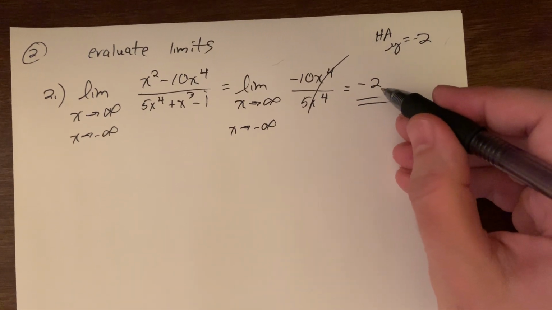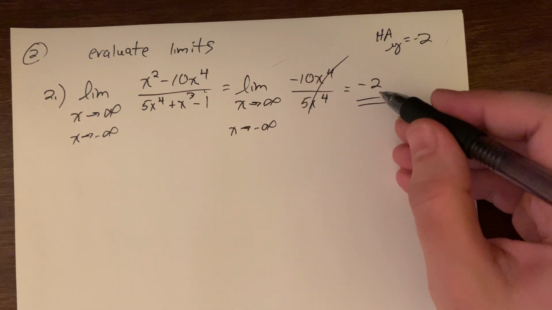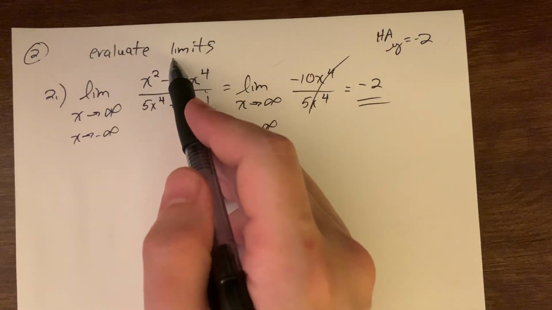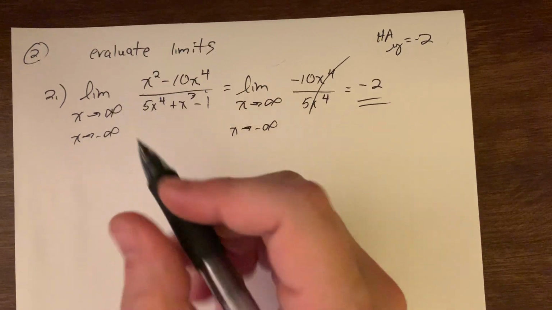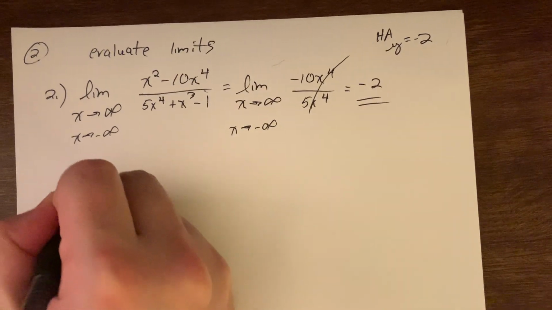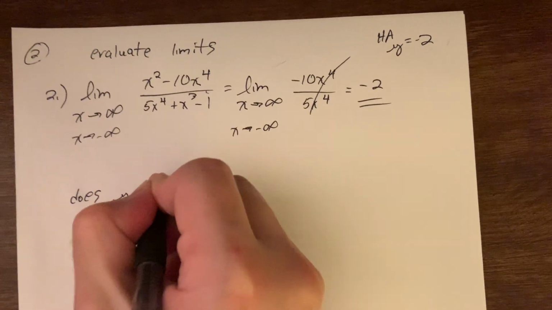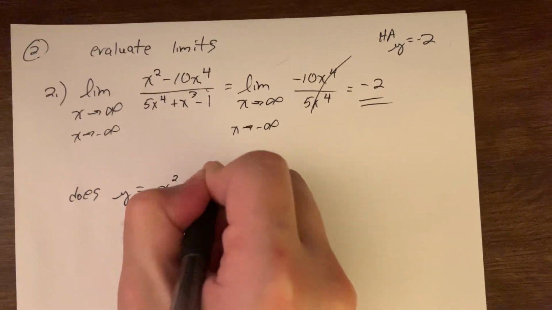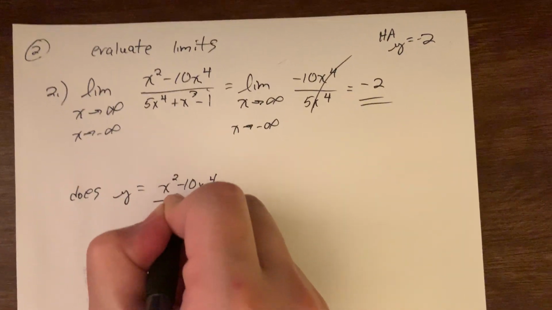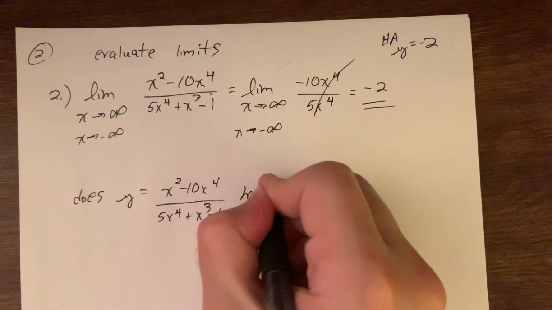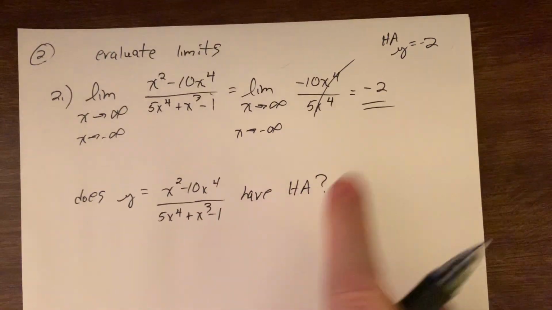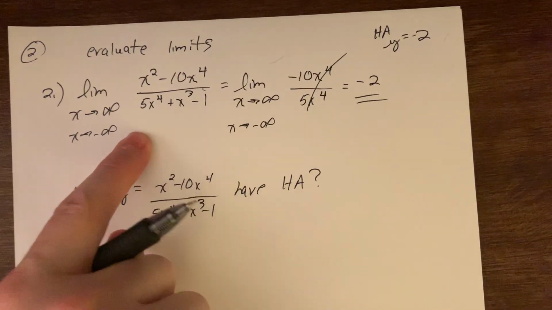So before I keep going, I just want to make one quick thing clear. I'm asking you to evaluate the limits, and I'm starting you off with this limit problem. But just a quick little alternative. If I said, does y equal x squared minus 10x to the fourth over 5x to the fourth plus x cubed minus 1, does this function have horizontal asymptotes? I would do this work.